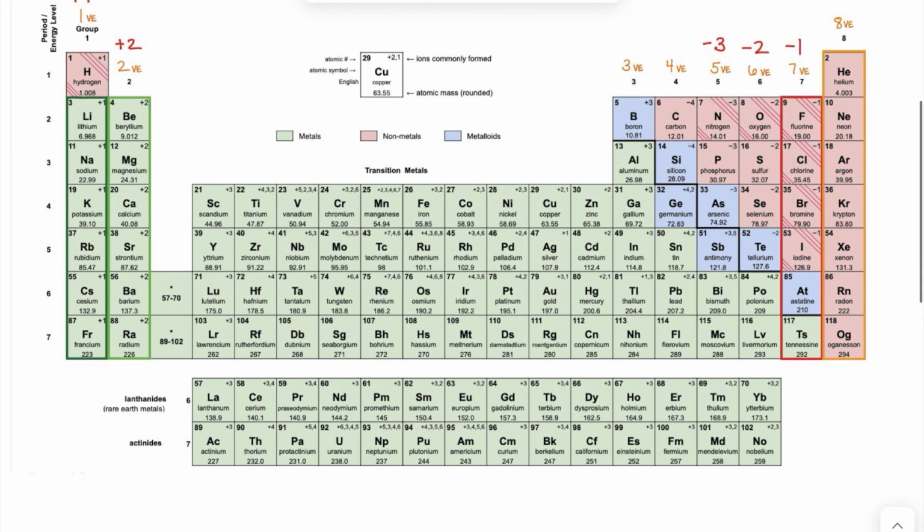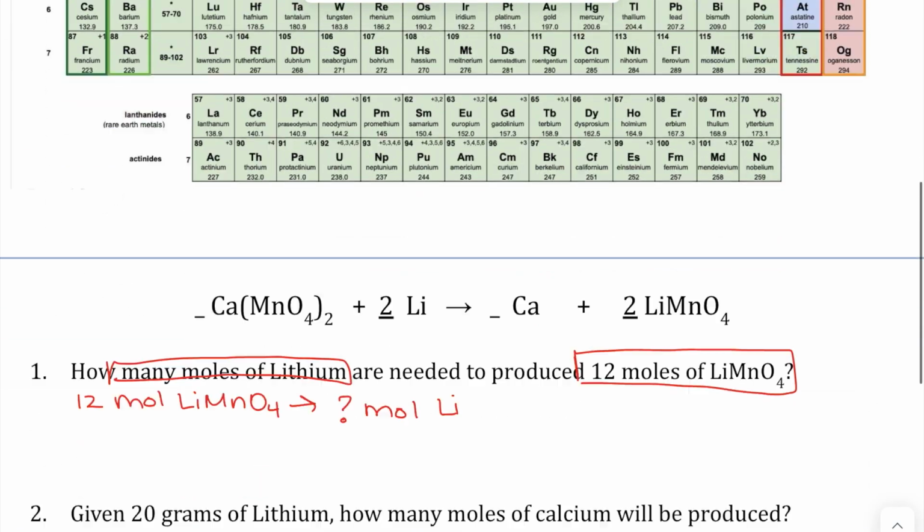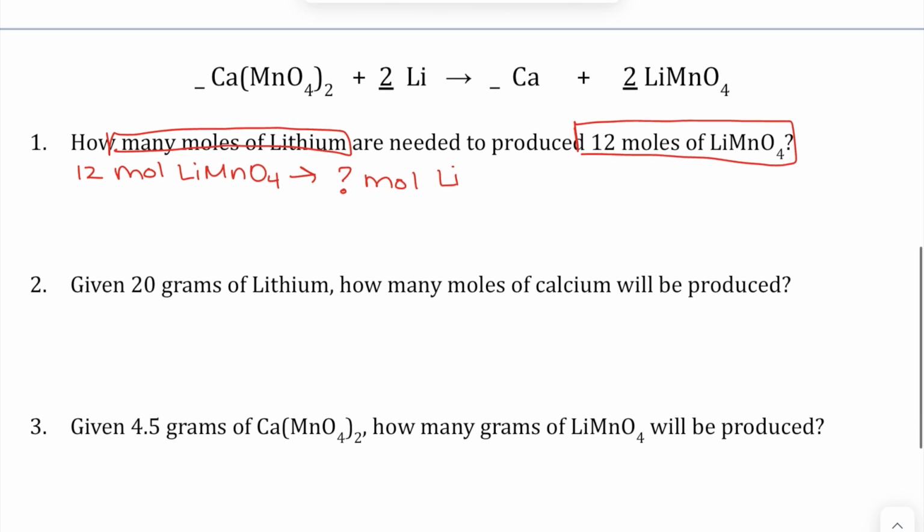As we look at our chart up here, we're going from moles of one thing to moles of something else. So this should be a one-step conversion. As you're looking at these, you can show your work however you need. I like to write out everything using that dimensional analysis.